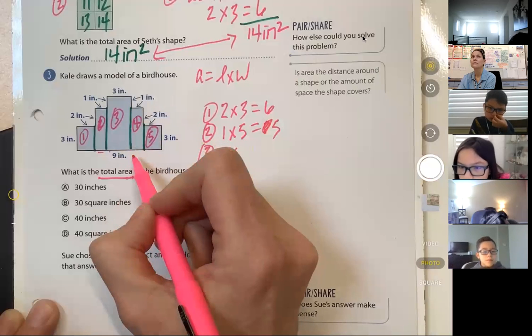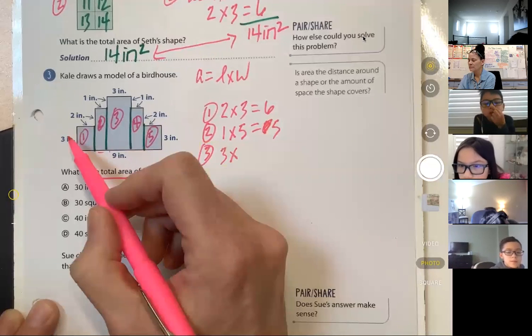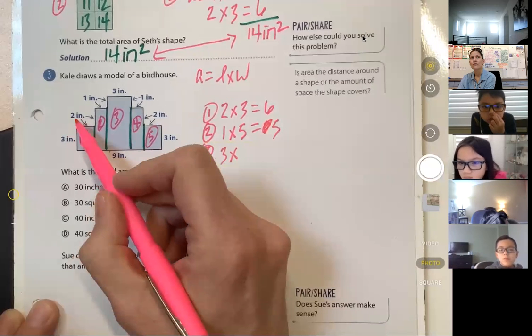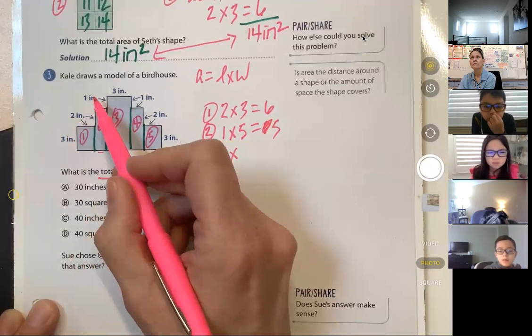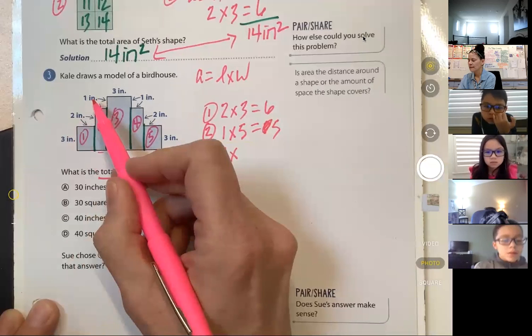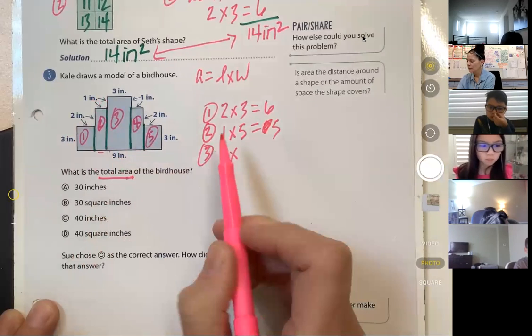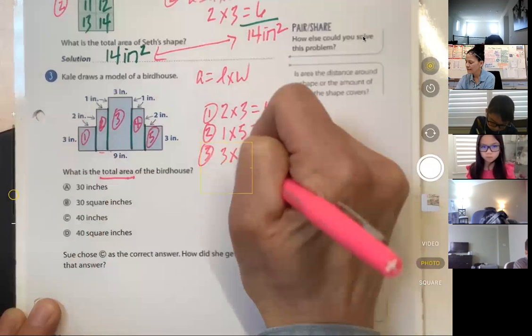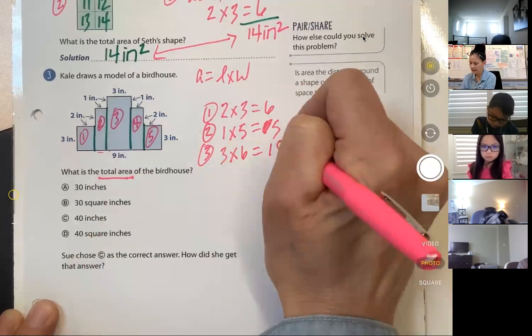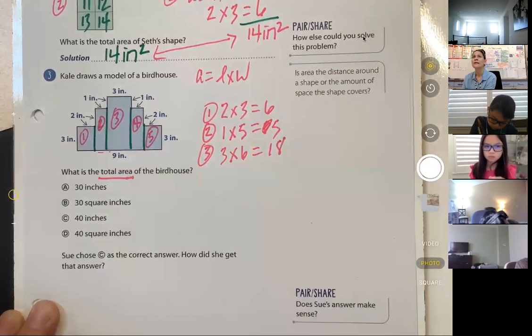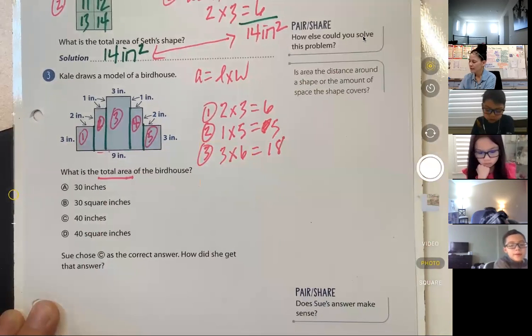How do I know? Because 3 plus 2 plus 1 equals 6. So 3 and 6, that's 18. All done with number 3. Beautiful. Let's go to number 4.